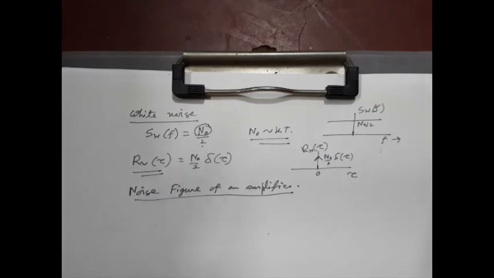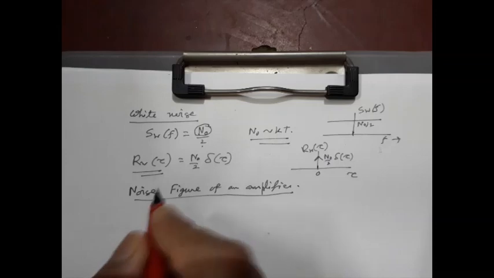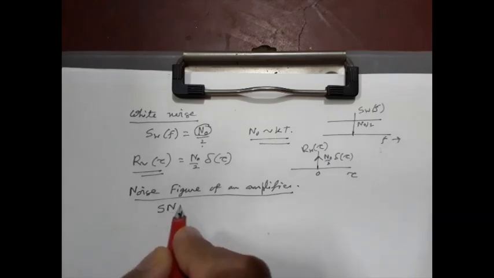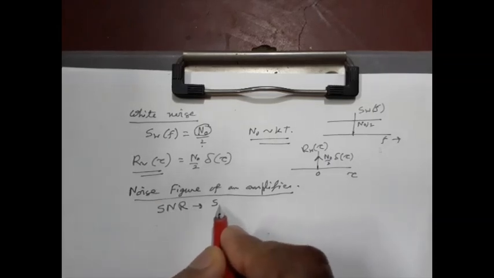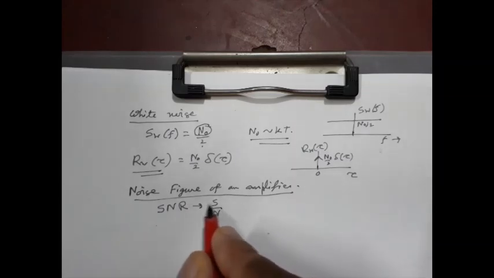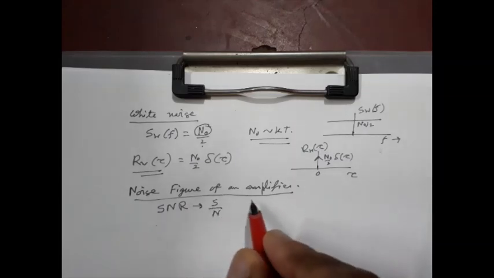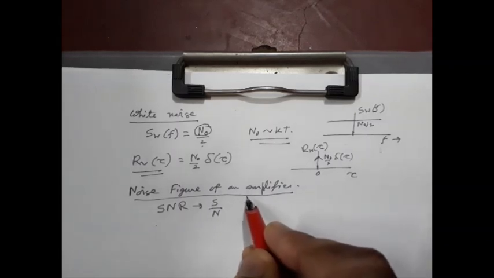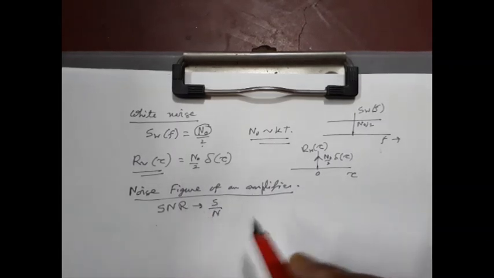Actually, we have a term called signal to noise ratio, which is defined as the signal power to the noise power. But that particular parameter may not be suitable to determine the performance of the receiver. So we need some other parameters.